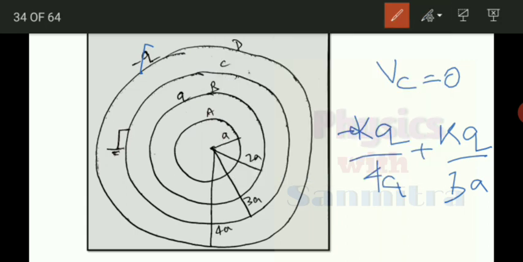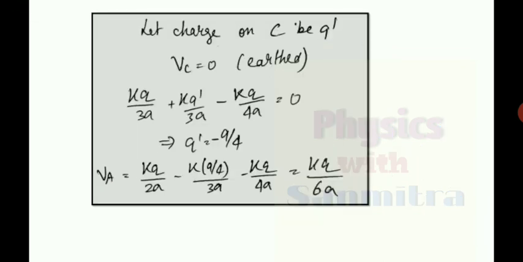So a charge will be induced from the ground, let that be Q dash. So minus KQ by 4a plus KQ by 3a plus KQ dash by 3a is equal to 0. This Q dash will be such that this potential will be 0. So from this expression, I will get Q dash is equal to minus Q by 4.